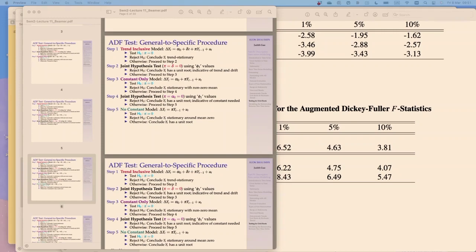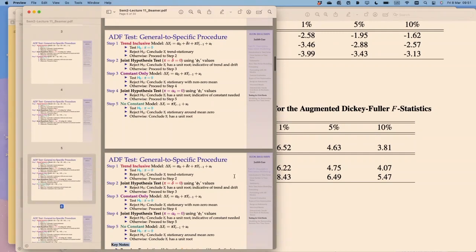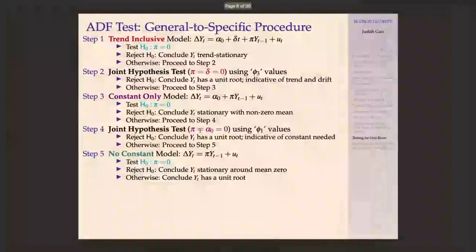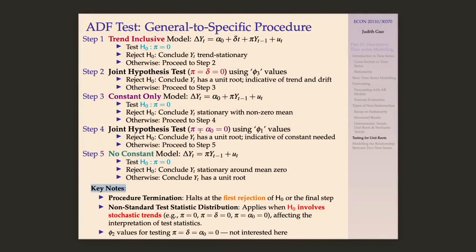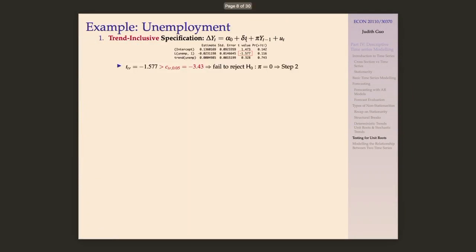So phi 2 is intended for the test of both the delta and the alpha naught are jointly 0. Okay, so phi 2 is for testing whether pi, the delta, and the alpha naught in the trend inclusive test, all 3 are jointly 0. But we're not interested in this here because we want to gradually remove one deterministic component at once. So this is the general to specific procedure, okay?